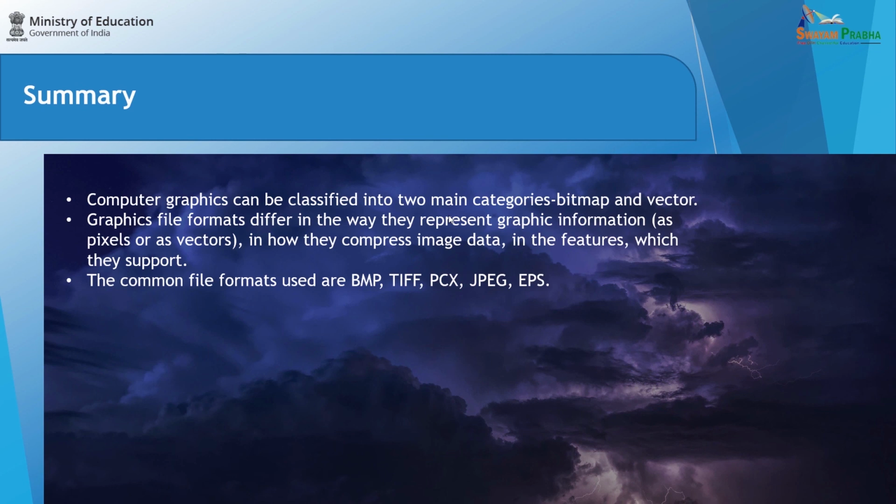The most common file formats used in the computer graphics design industry are bitmap (BMP), TIFF (Tagged Image File Format), PCX, JPEG (Joint Photographic Experts Group), or EPS (Encapsulated PostScript) format. So these are the full forms of the names of these file formats.